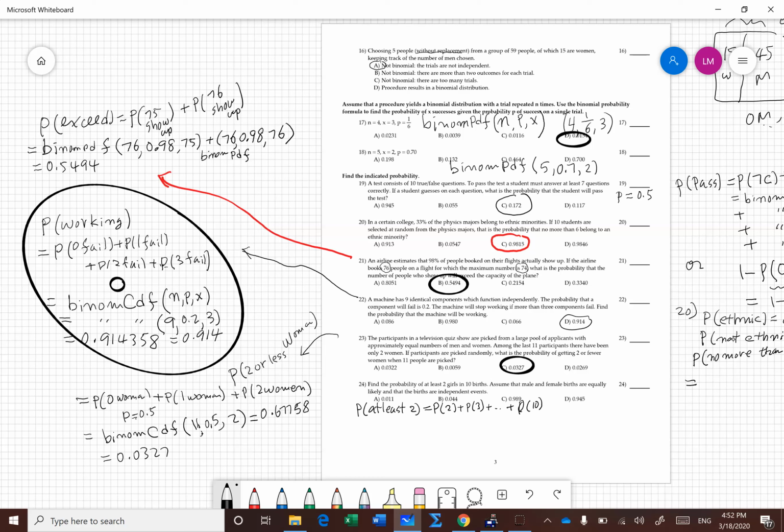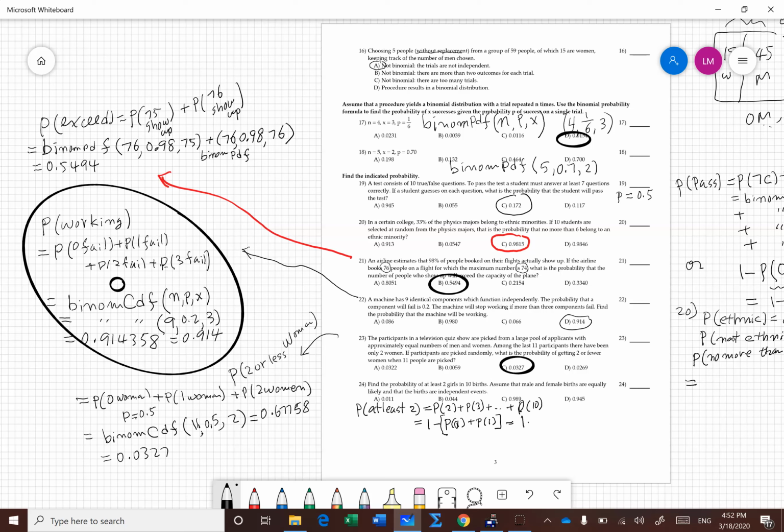Okay, now that's too many, so too much calculation. So what I do, 1 minus the probability of 0 plus probability of 1.